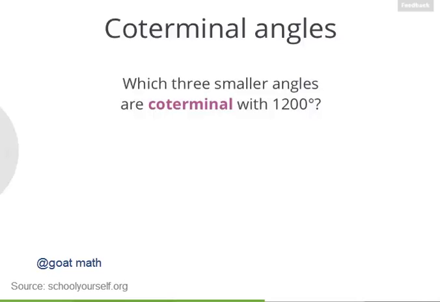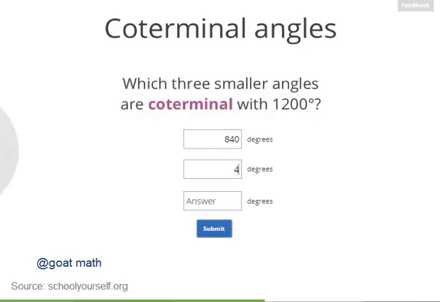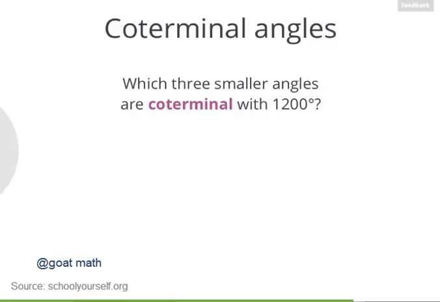You can keep subtracting 360 degrees to find more coterminal angles. Well done! You subtracted 360 degrees to get 840, and then another 360 to get 480, and finally another 360 to get 120. All of these angles are coterminal with 1200 degrees.